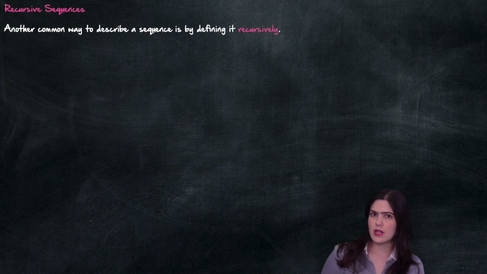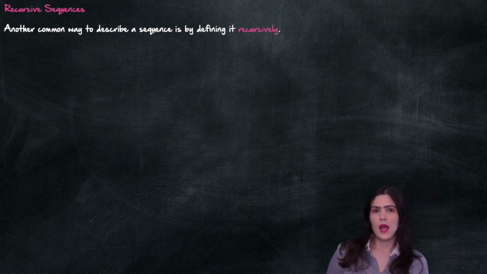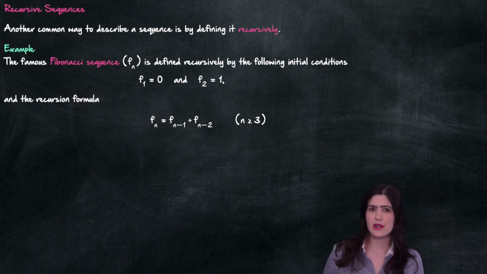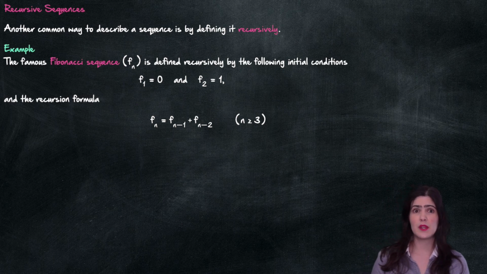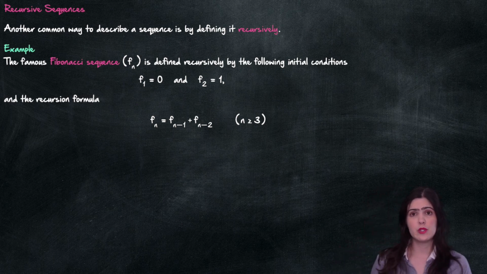Now, there is another very interesting way of defining a sequence, and it's recursively. How can we do this? Well, I'm going to start with an example. The very famous Fibonacci sequence is defined recursively, and it starts with two initial points. It says that f of 1 is equal to 0 and f of 2 is equal to 1.